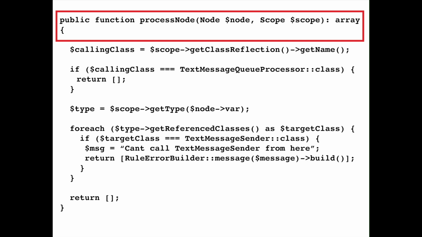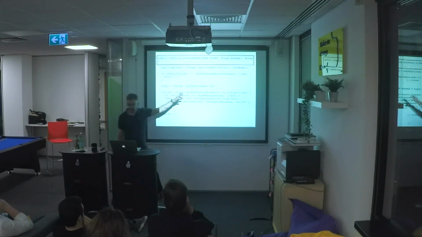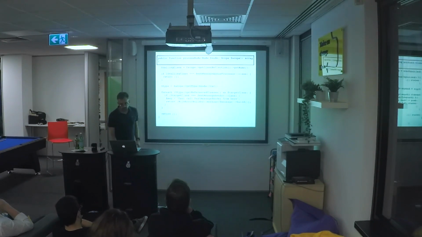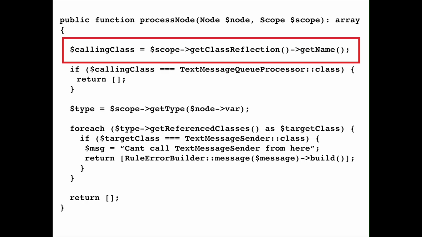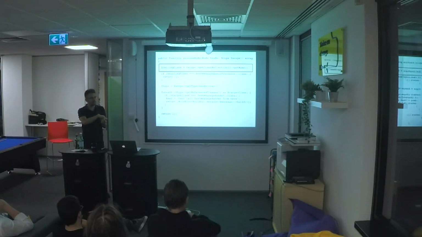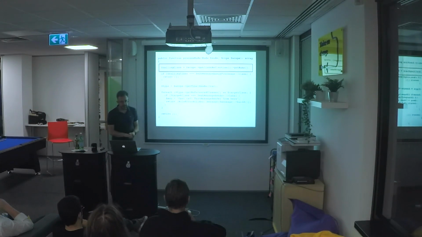So let's look at what's going on here. We've got a function called process node. It passes in the node that we're processing in and something called scope. And what scope does is it can give us additional information in the context of the particular method call that we're looking at. Okay, so what we can do here is we can say, well, what is the name of the calling class?